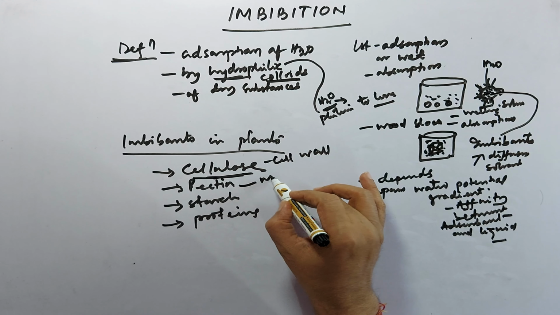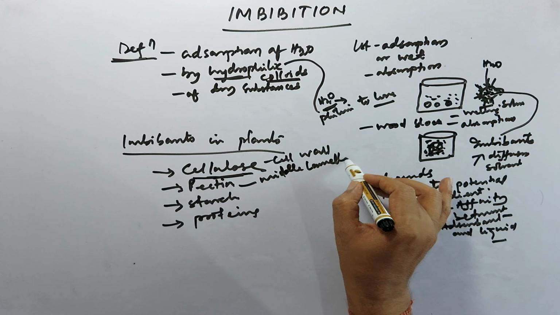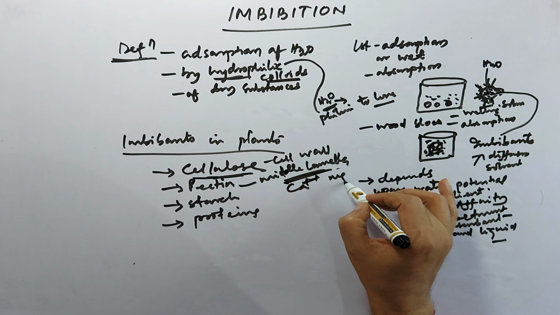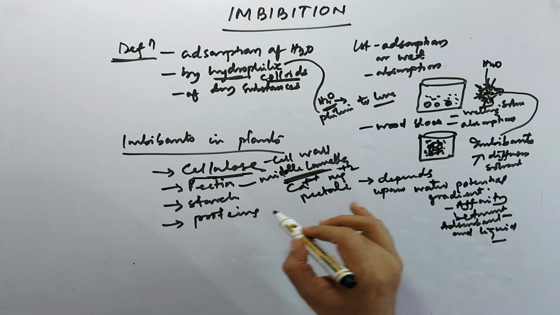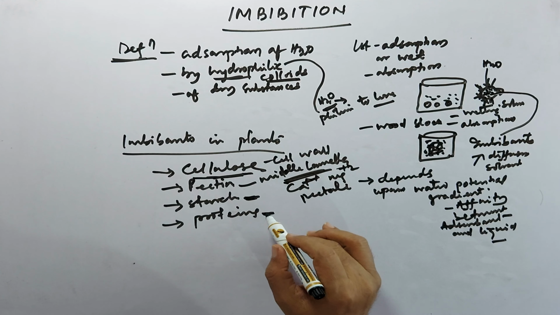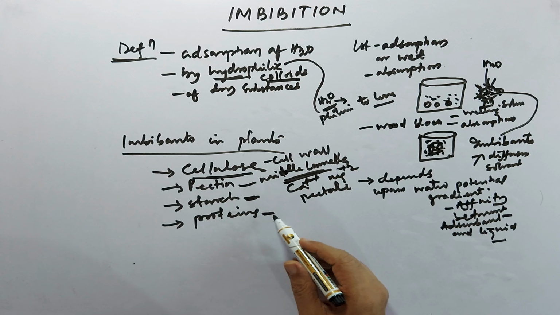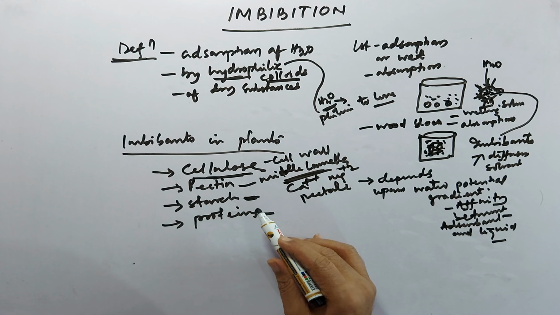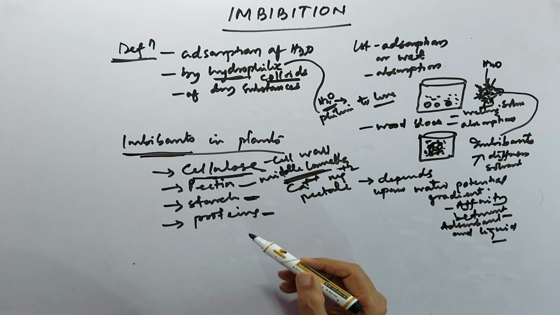Pectin is in the middle lamella, made up of calcium and magnesium pectate. Starch is the reserve material, and protein is present inside the cell and is a component of membranes. All these substances have high affinity towards water, and these are the important imbibants in plants.